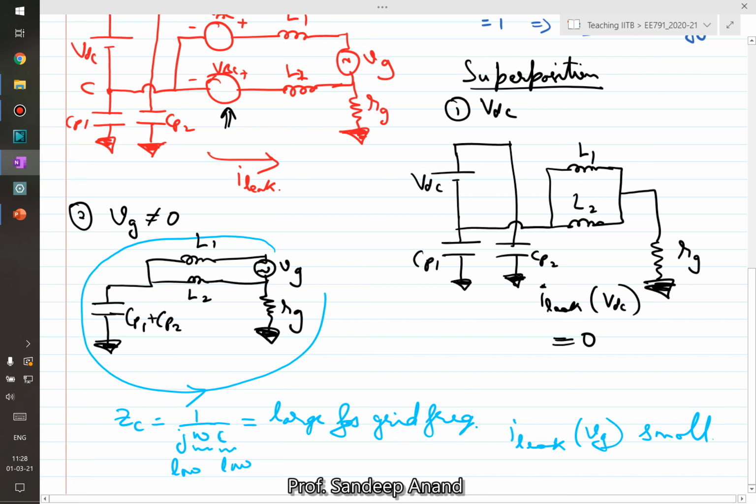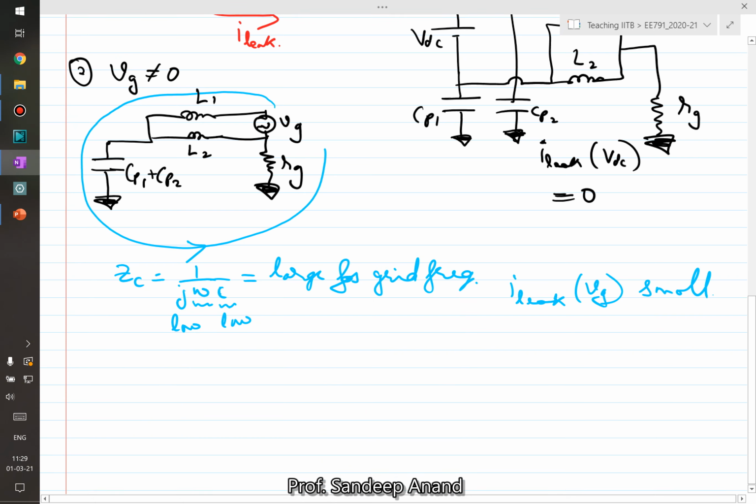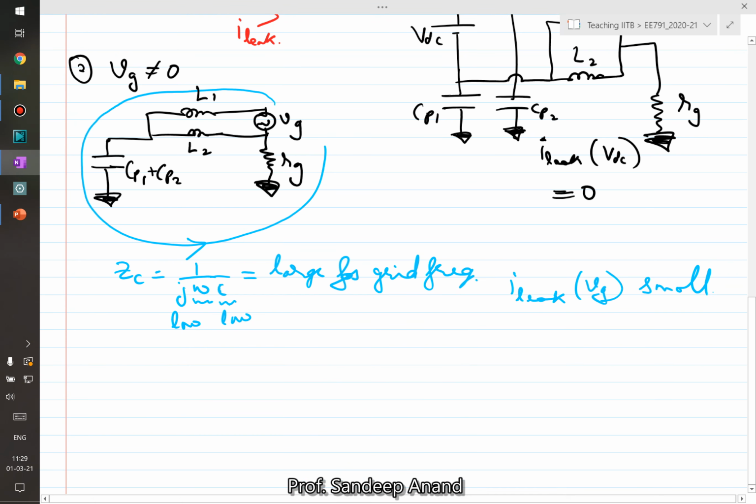So we have analyzed two sources, and we have seen that one of the sources does not produce any leakage current, while the other does produce a leakage current, but we expect the value to be small. If you want to find the exact value, you can do the analysis and find it out. In fact, if I redraw the circuit in a slightly different way, then you would realize the meaning of common mode voltage.